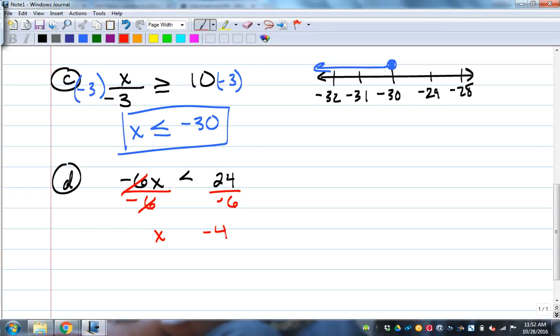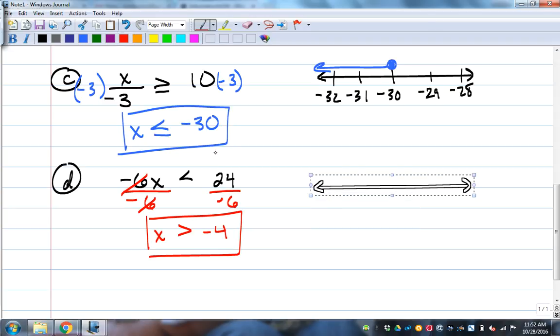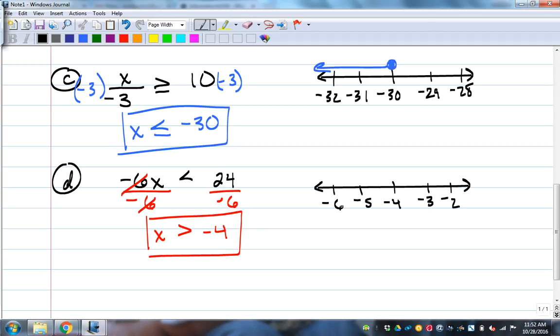What symbol goes between it? Greater than. Flip it around to a greater than. And then on the number line, -4, -3, -2, -5, -6. Above the -4 is an open empty circle going greater than that, so it's going to go toward the right.